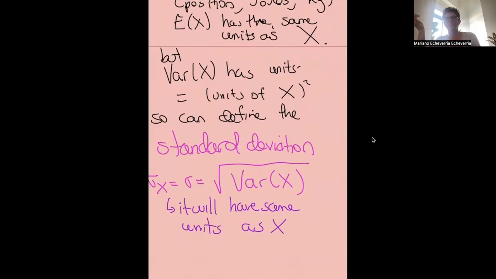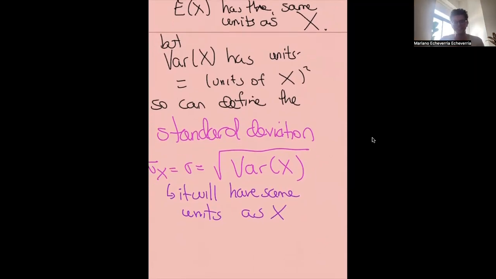I mean, it's sigma squared. I don't think anyone gives a new name to sigma squared. So sometimes you'll see the variance written as sigma squared.